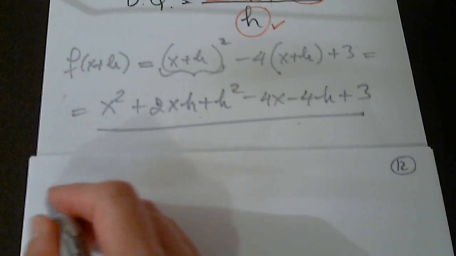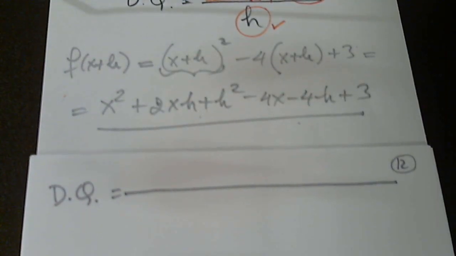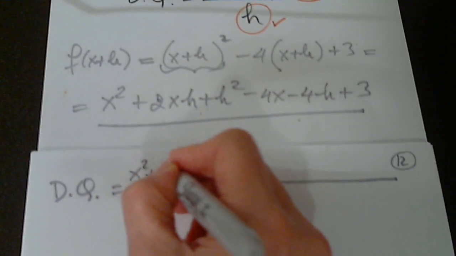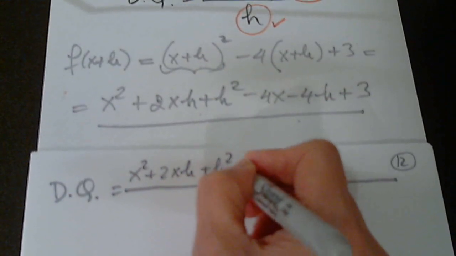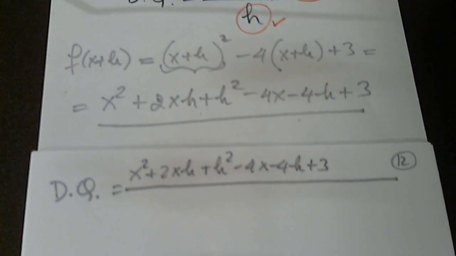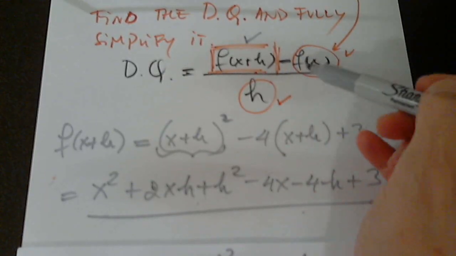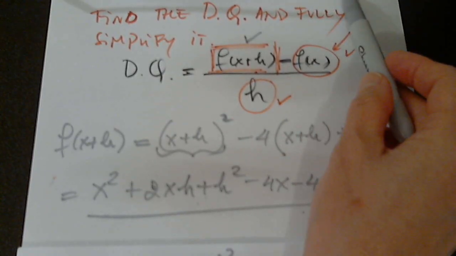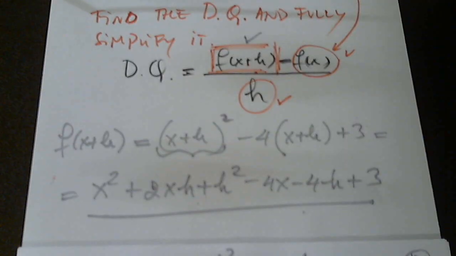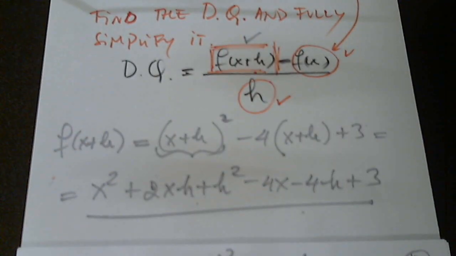So therefore, the difference quotient is, watch me run out of room, x squared plus 2xh plus h squared minus 4x minus 4h plus 3. I reach the negative symbol that needs to be distributed to these three terms. Can anyone tell us what to write when we distribute the negative sign to these three terms?